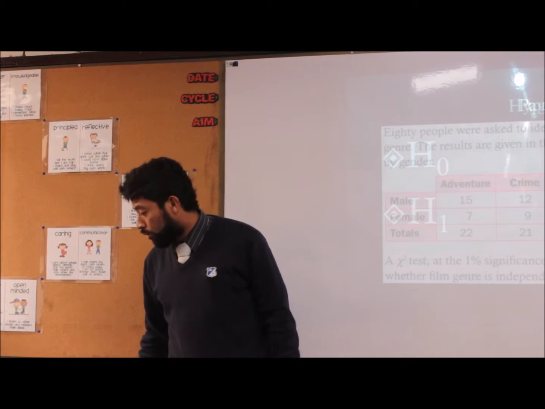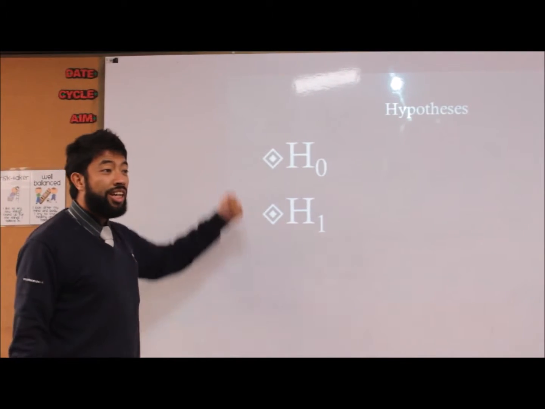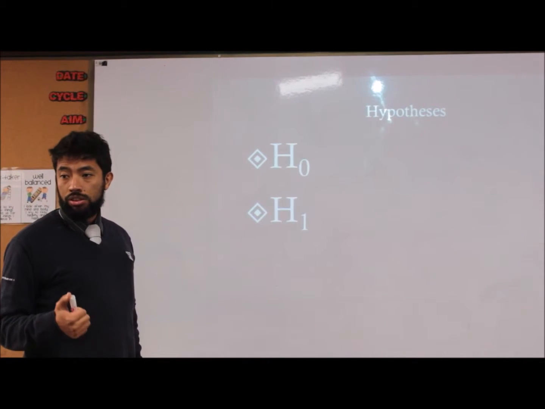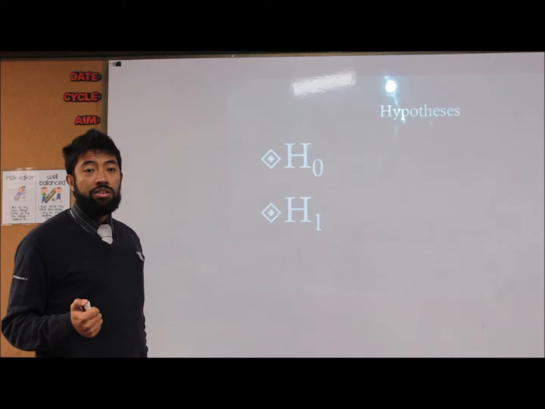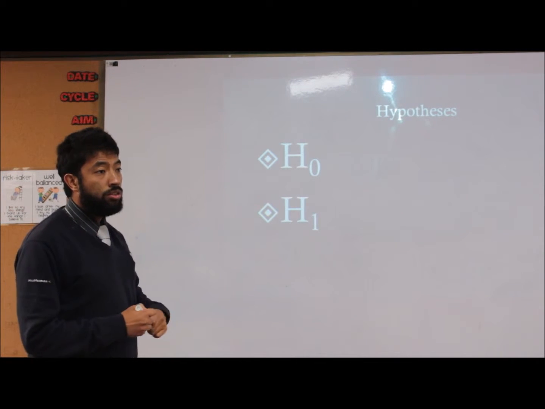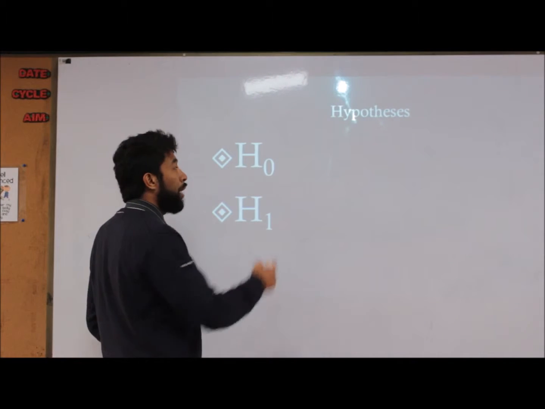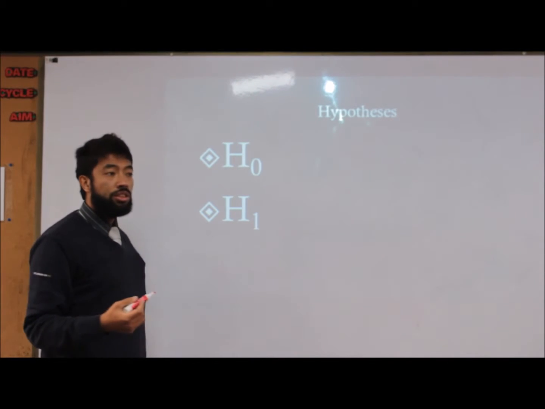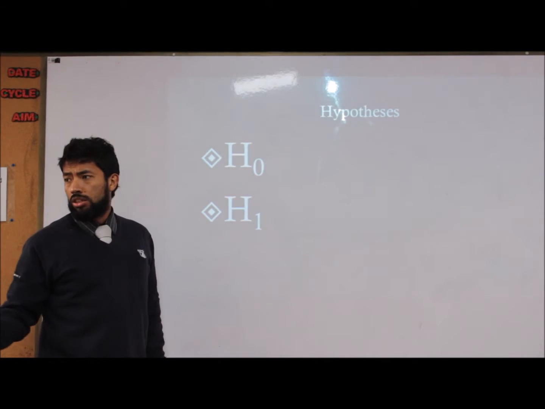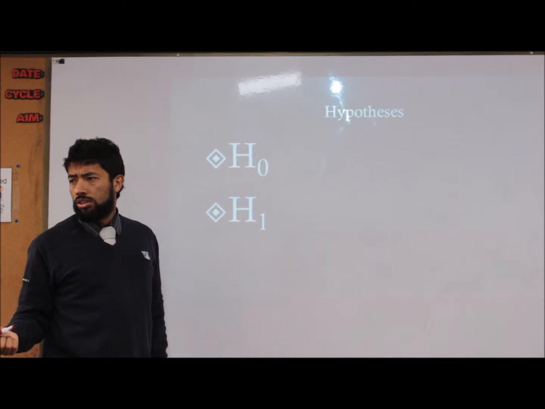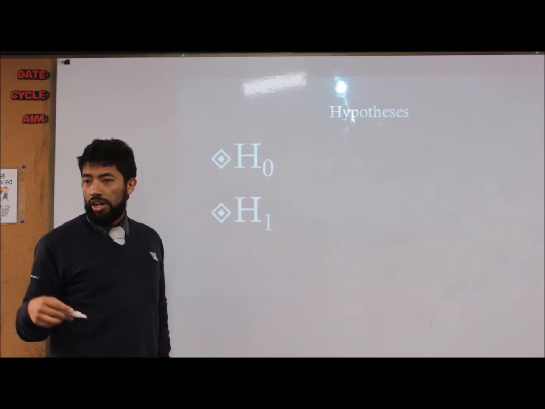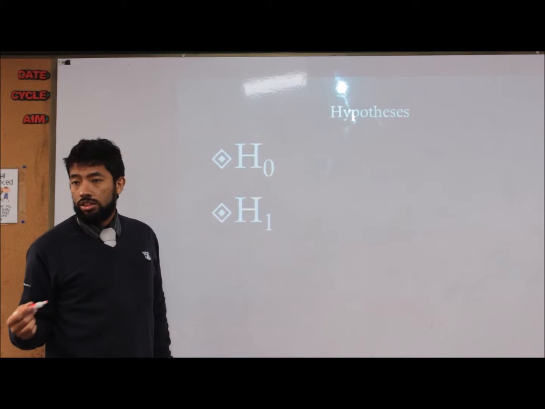Okay, Paula. So, what is H0 and what is H1? Raising a hand, please. Laura, H0. The null hypothesis and the alternative. But what is the null hypothesis? Carolina. That the variables are independent.